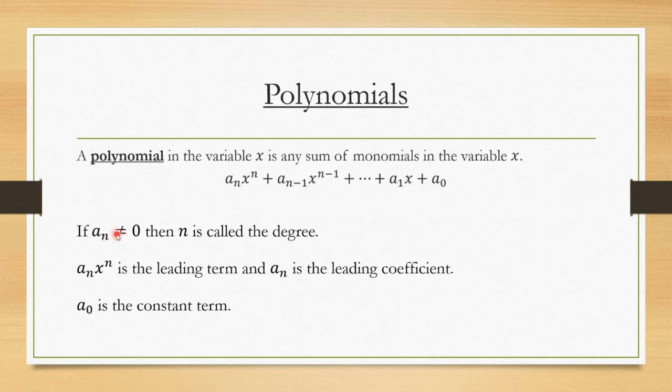This is being formal, but really it's just saying the biggest exponent of x is the degree of the polynomial. That's what the degree is.